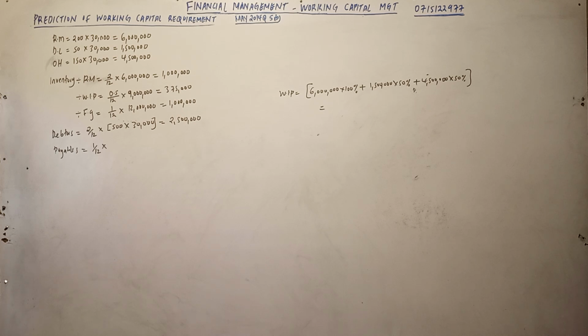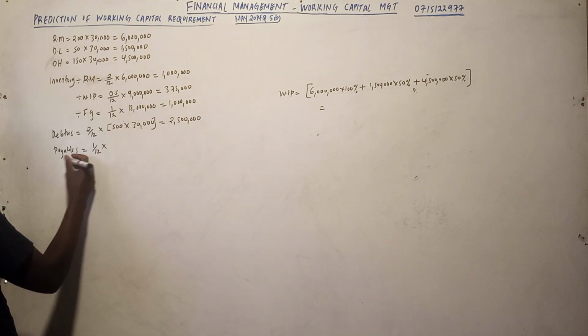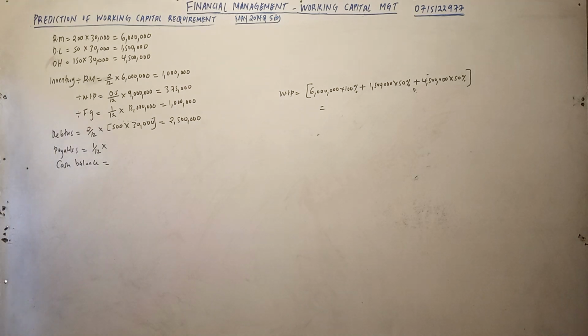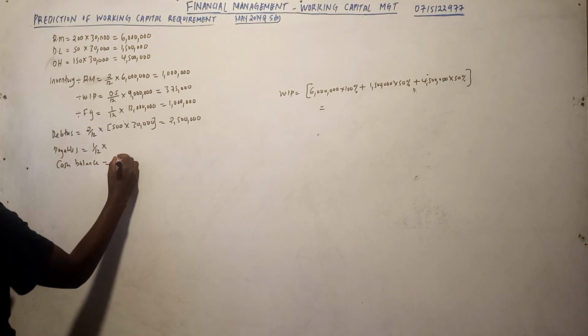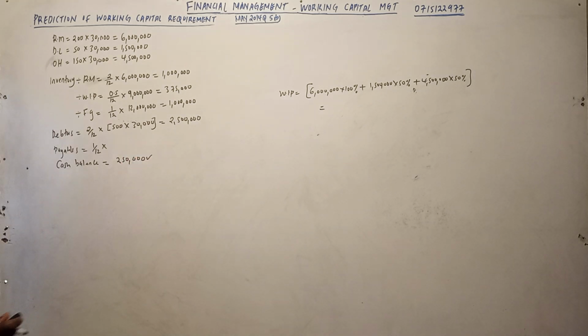Okay, as we are checking that one, we have cash balance. Cash balance is 250,000. Now we need these payables.